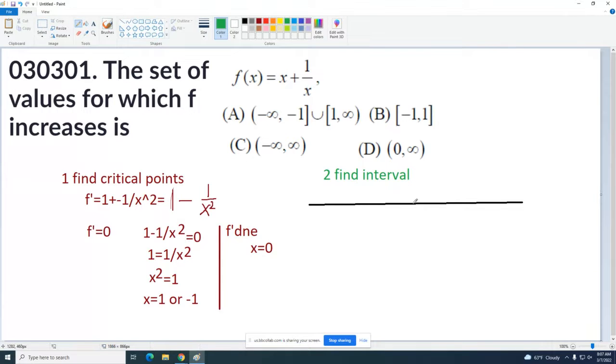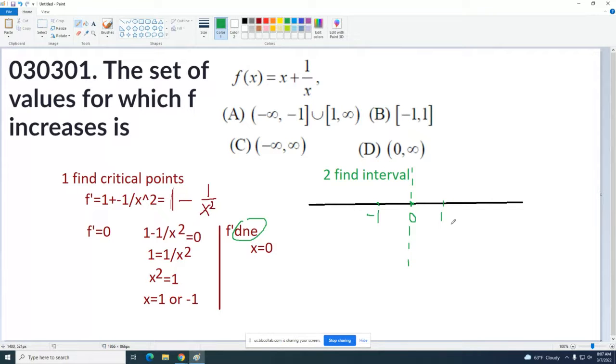What are those points that we have? 0. But 0 is an undefined point. An undefined point is not part of the domain, so that's the division point, where we really are dividing up the entire graph into two completely separate graphs of the function. And we also have -1. We also have +1. So we got 3 points from step 1.